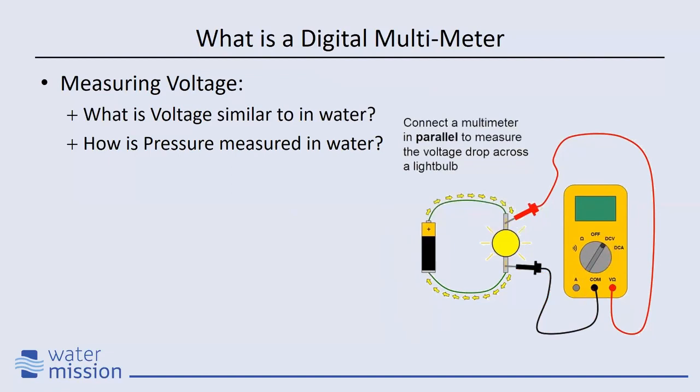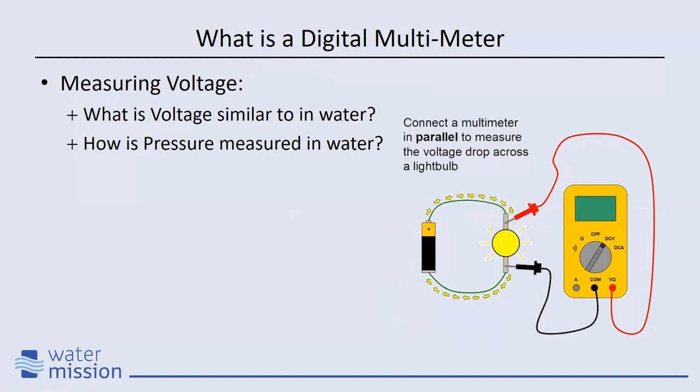This is very important, and you could end up burning out your multimeter if you do this incorrectly. You say, why is that? Well, remember what we said about the resistance to flow of a pressure gauge versus a flow meter. Pressure gauges have very high resistance to flow. Flow meters have very low resistance to flow.